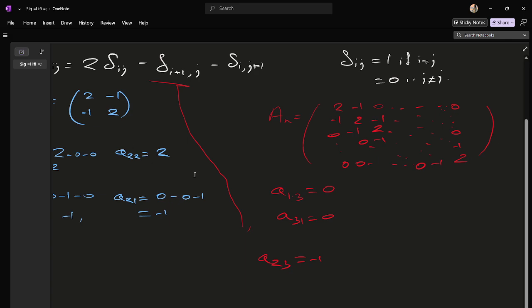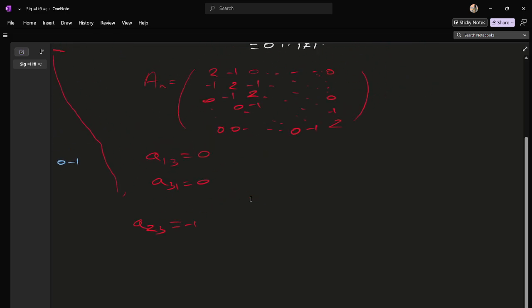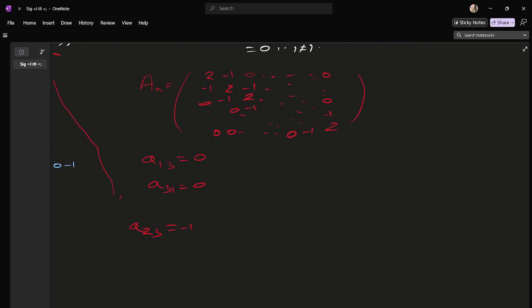The sub diagonal and super diagonal, that means the upper diagonal of the diagonal is the super diagonal, and the lower diagonal of the diagonal is the sub diagonal. Entries are minus 1. And now what can be done? Now we can use this thing.